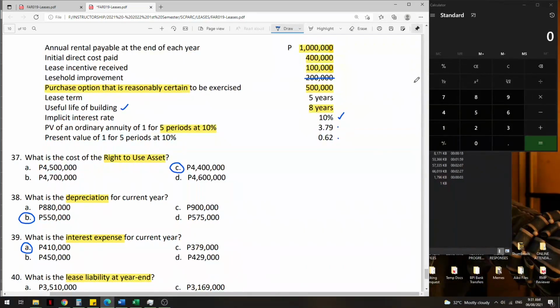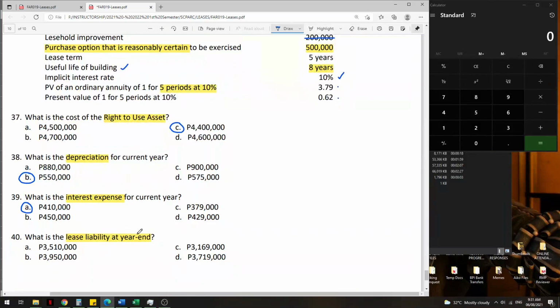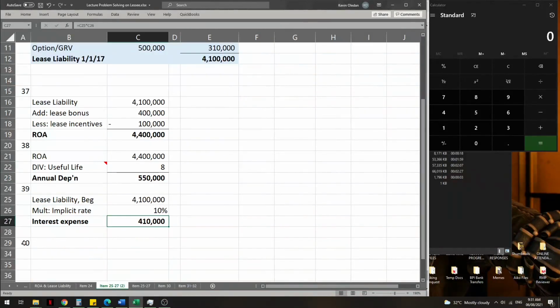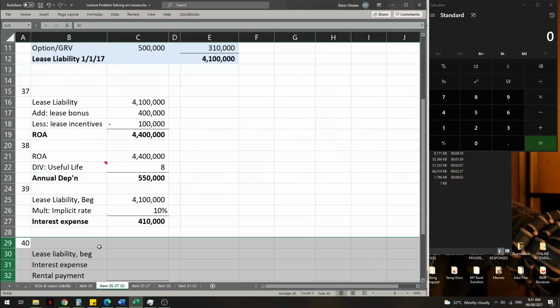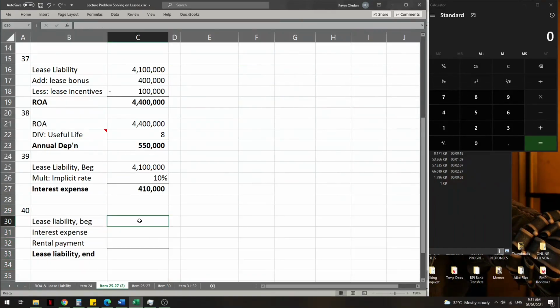Diretso na tayo. Number 40 is simply asking us the lease liability again. And this time, ang inihingi niya po is lease liability at the end of the year. We'll have to go with this solution. Beginning lease liability, add interest expense, minus rental payment. This is how it would look like in your amortization table, di ba? Just remember the columns.